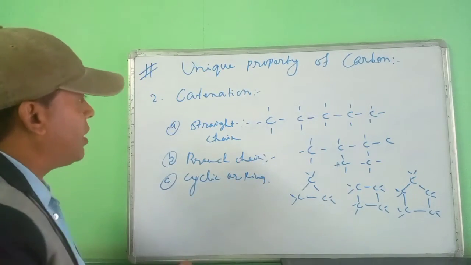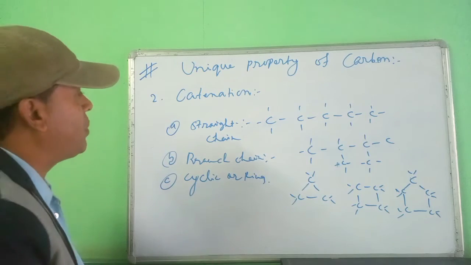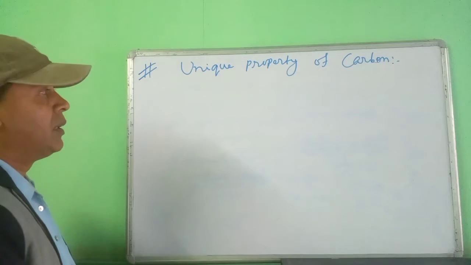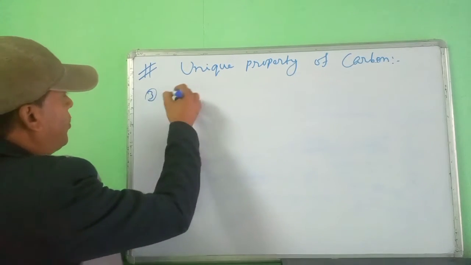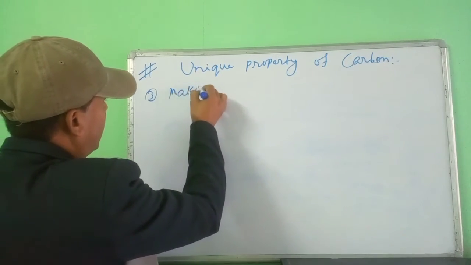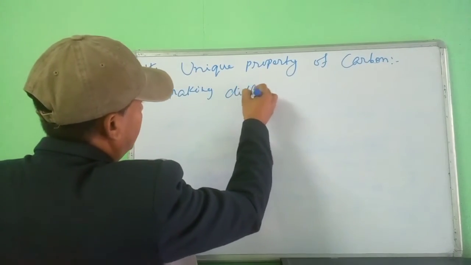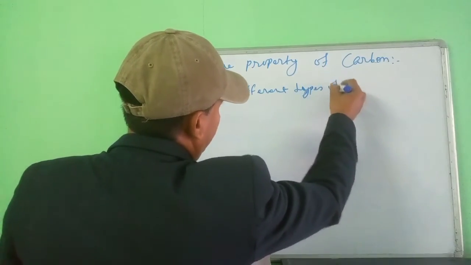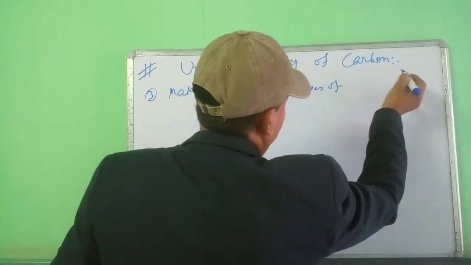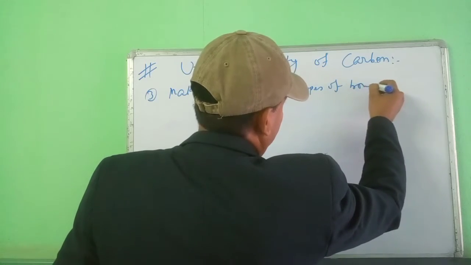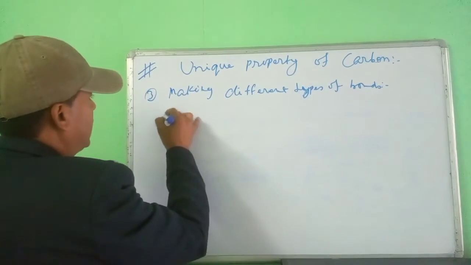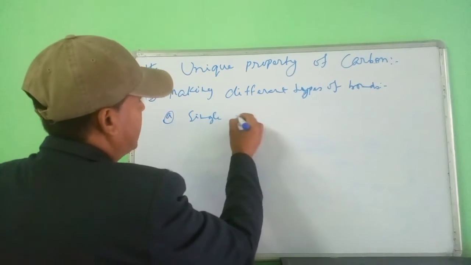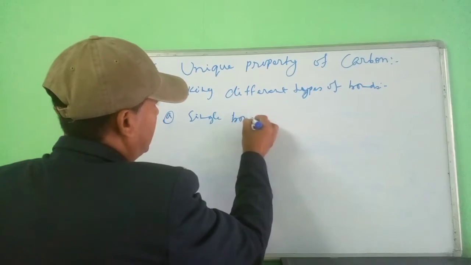Now in this case also, the different types of bond can be formed by the carbon atom. Okay, number 3, making different types of bond. Single bond means carbon single bond.